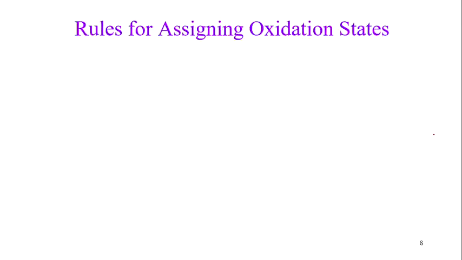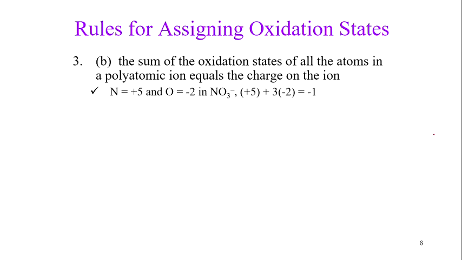Look at the next one. If we have a polyatomic ion, the summation of the oxidation states is equal to the charge of the ion. For example, in this example, NO3 1 negative, what should I write?